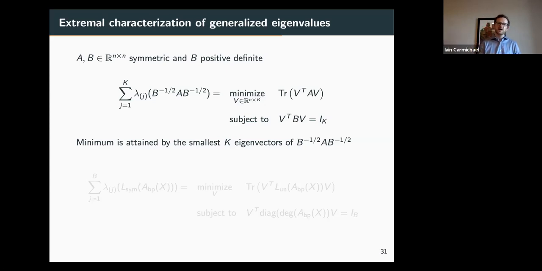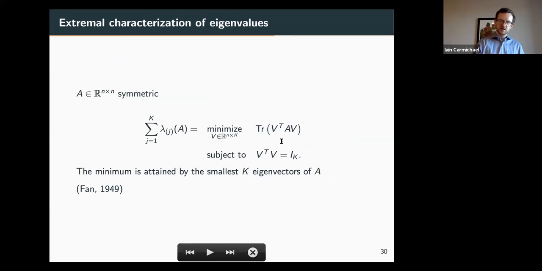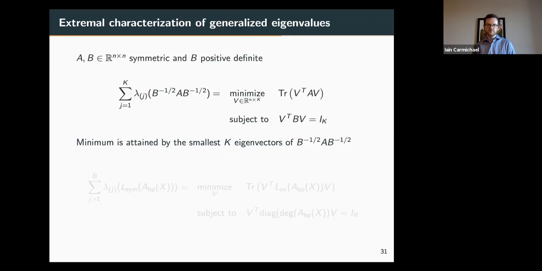Then the smallest k eigenvalues of this matrix right here, so take A and hit it with the inverse square roots of B on either side, also has a nice extremal representation. All I've changed from the previous representation is that I've added B to the orthogonality constraint. It's not too hard to show that.